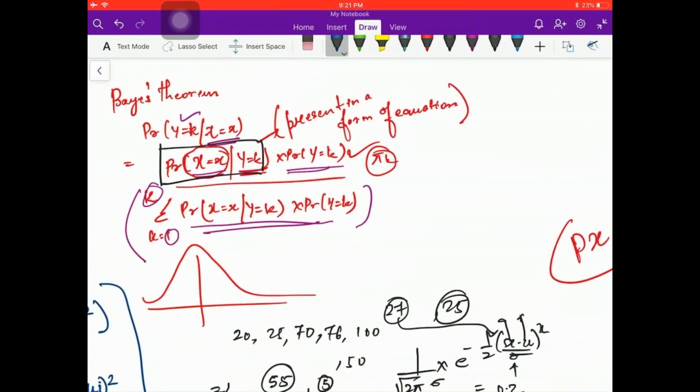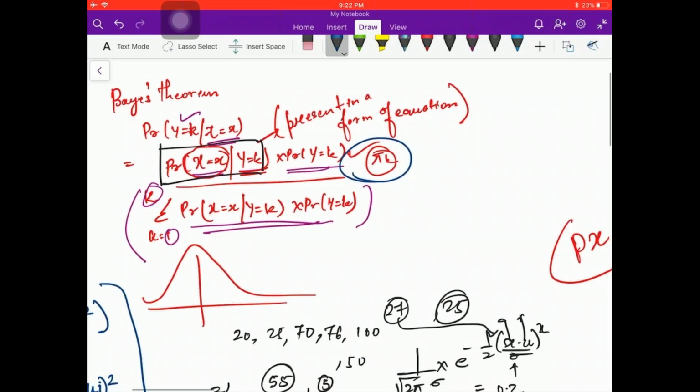This one I told, right? Probability of y equal to k is pi k. Now, are you clear about probability y equal to k? Yes, this I have assumed as pi k.